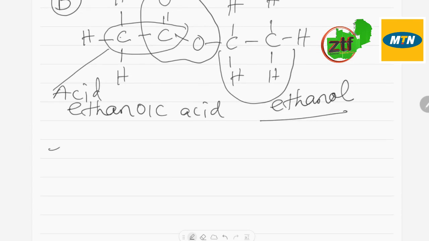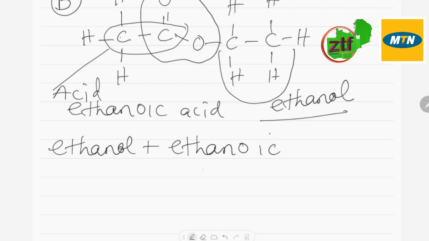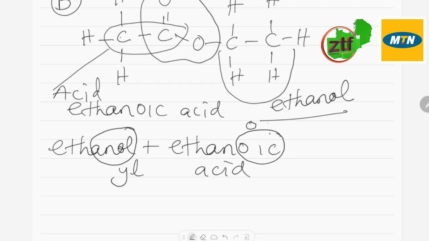So there was a reaction of ethanol plus ethanoic acid. Now, when these 2 react, this alcohol, the ANOL, it is removed and we add YL. Then the OIC is also removed, we add OATE.